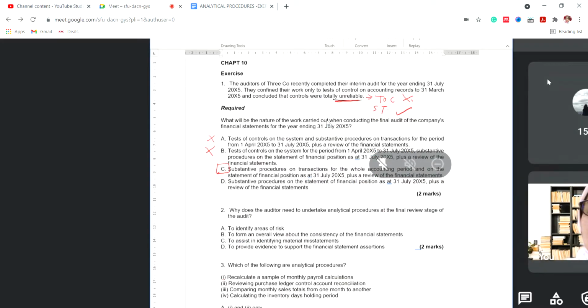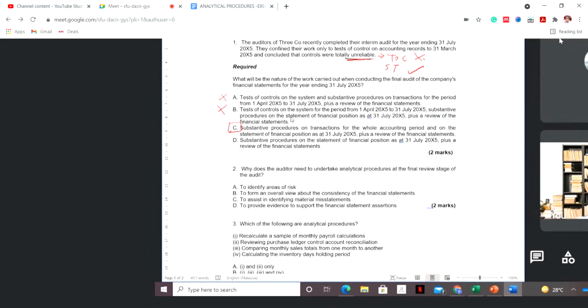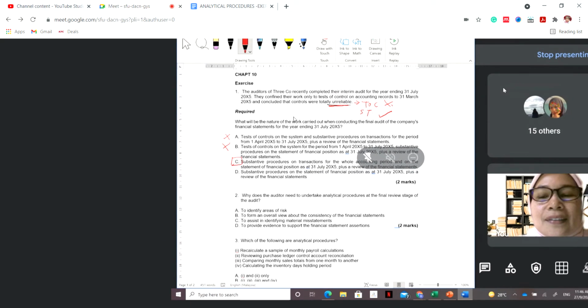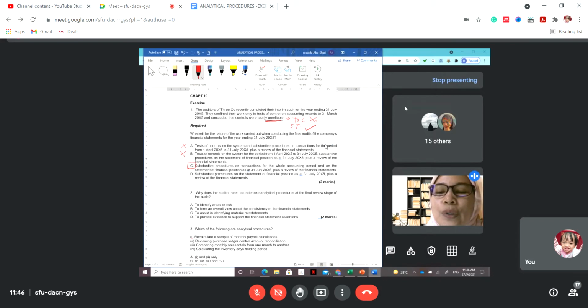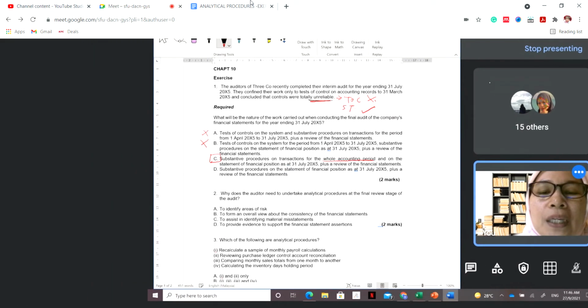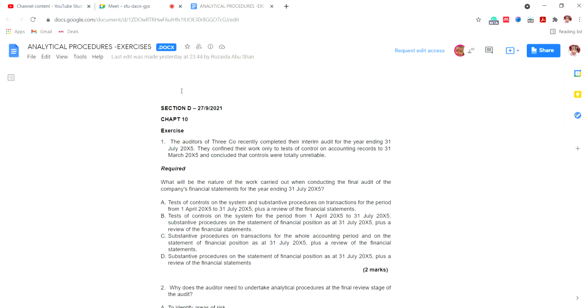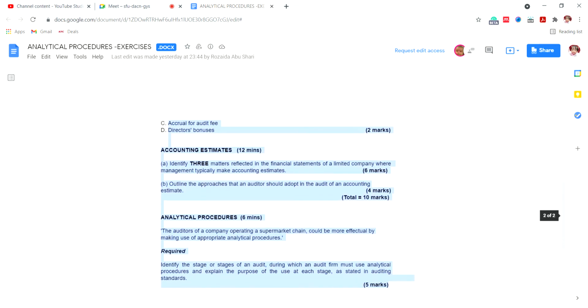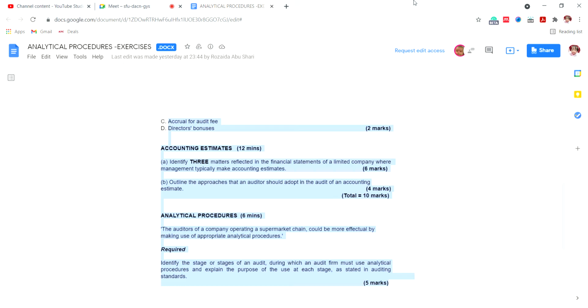The C have all, have the whole accounting period. And D only the procedure. Okay. So C, okay, bukan D is only the procedure. So C, yes, correct. You said that the substantive procedures performed for the whole accounting period and on the statement of financial position as at 31st July plus a review of the financial statement.